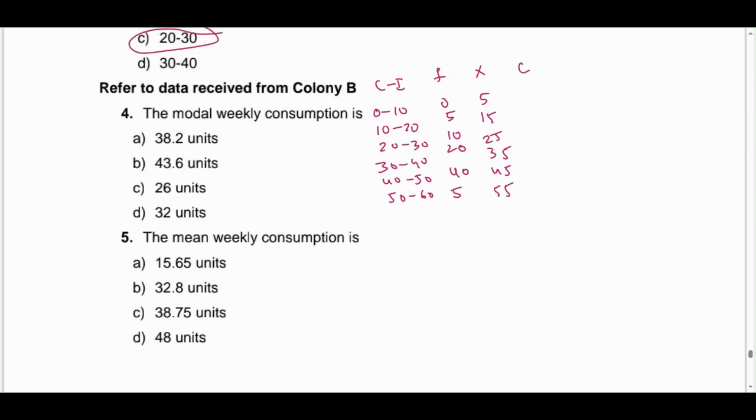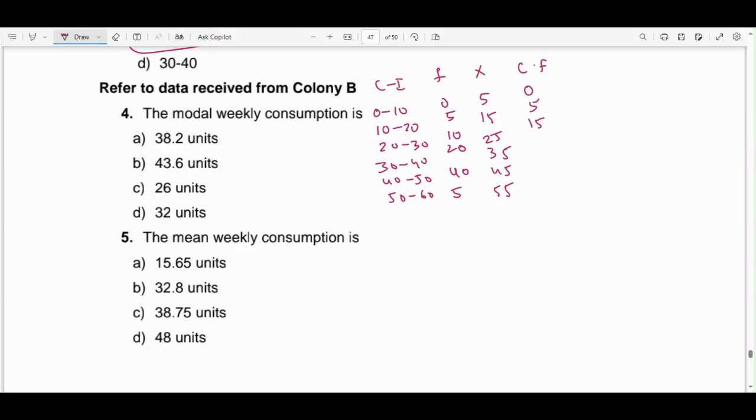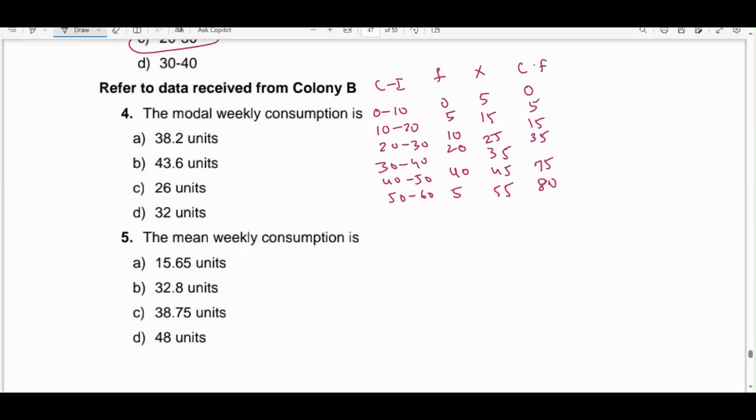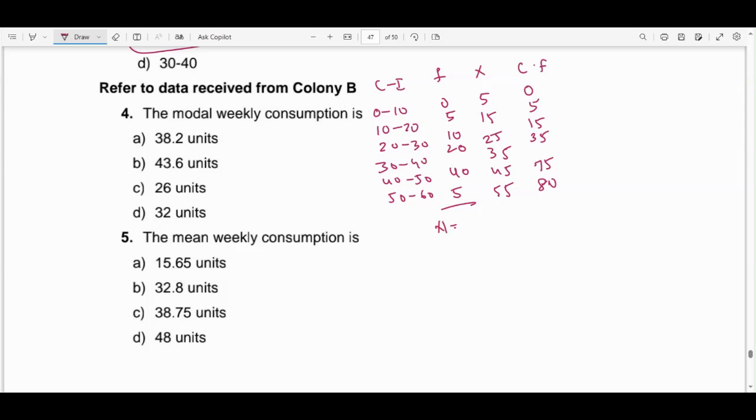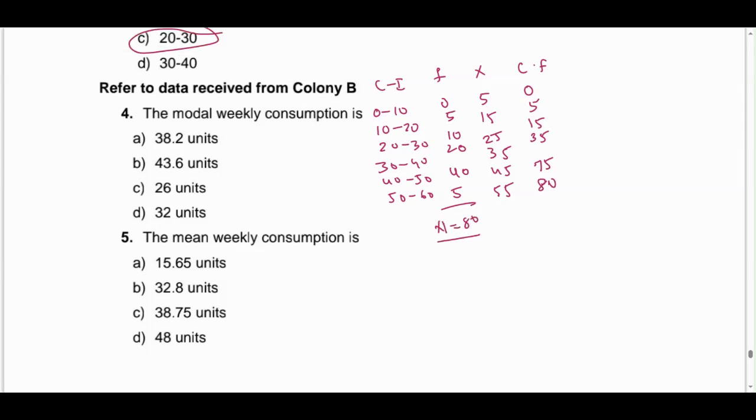Then the cumulative frequency will be 0, 5, 15, 35, 75, 80. When you add this you get 80.